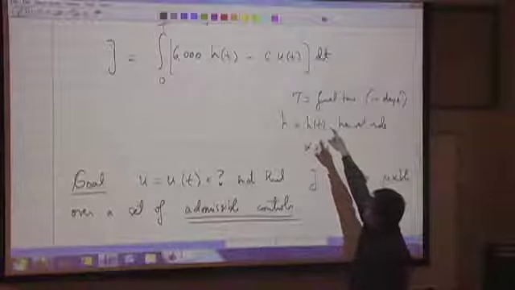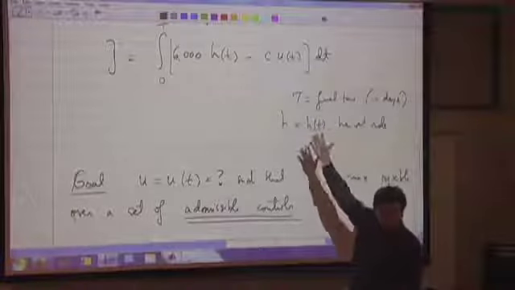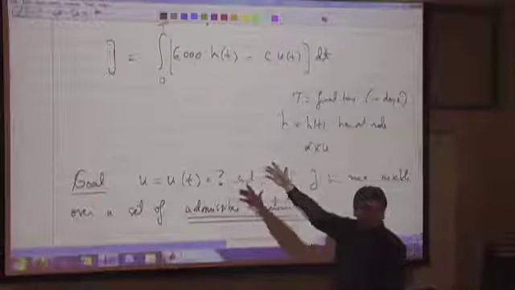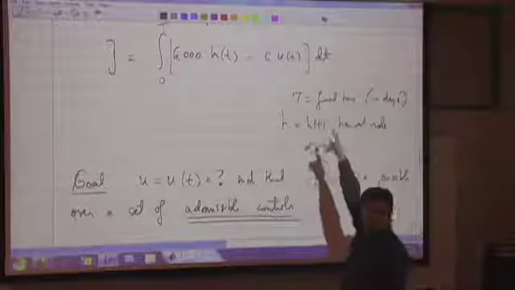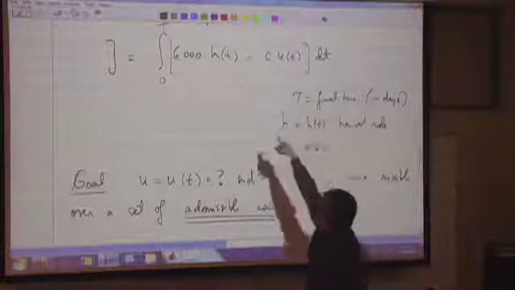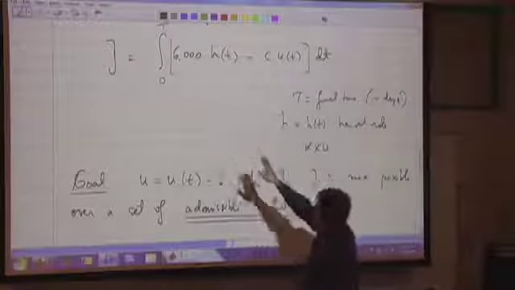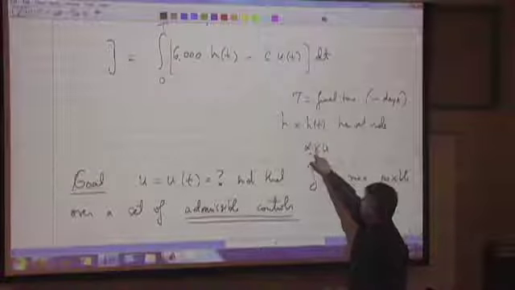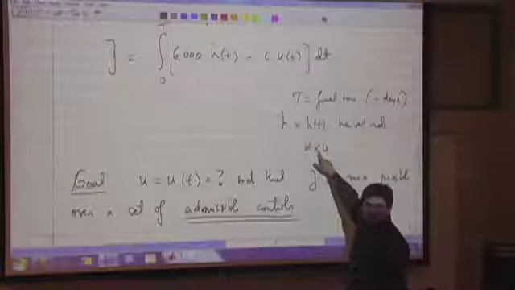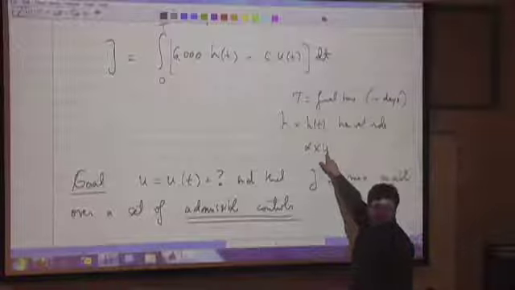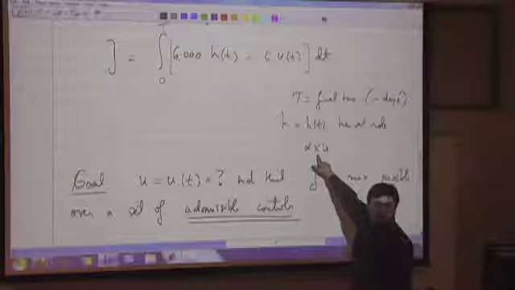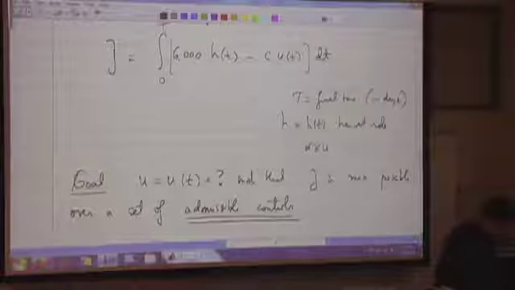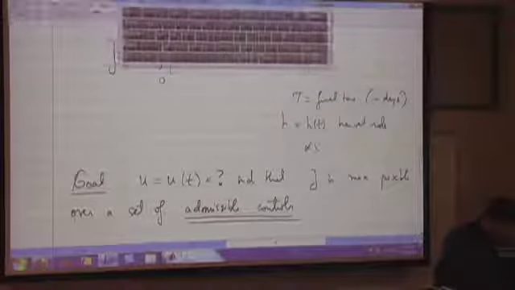Well, if I give you what U is, then you go into the equation for the profit and do what? Plug it in there. H in this model was an expression involving U and X. You have U. So how about X? You don't have X, right?